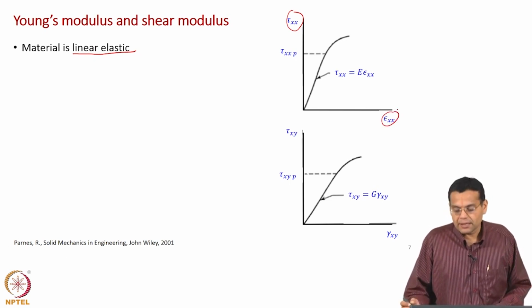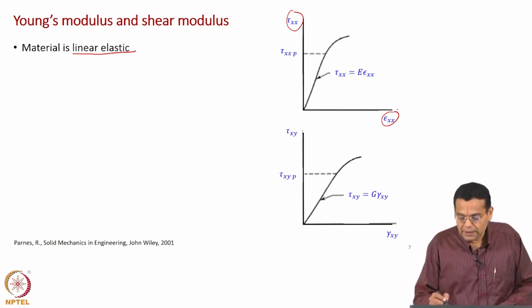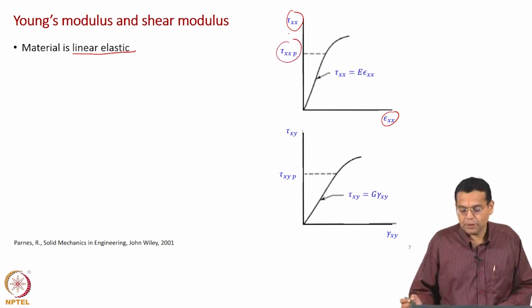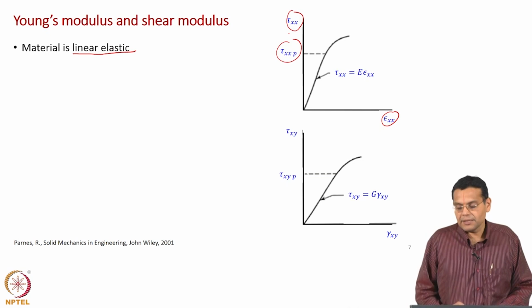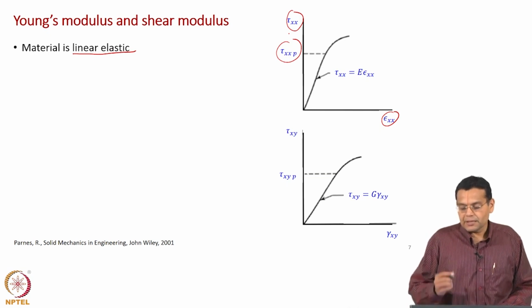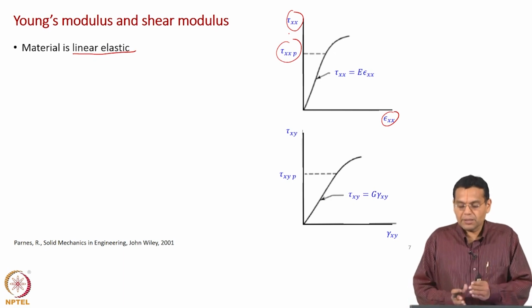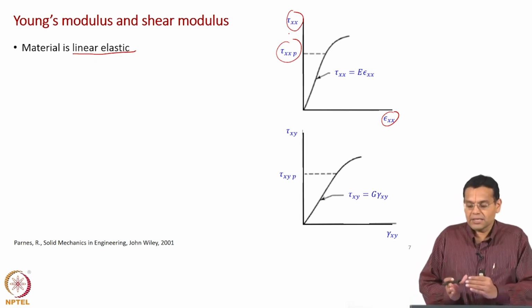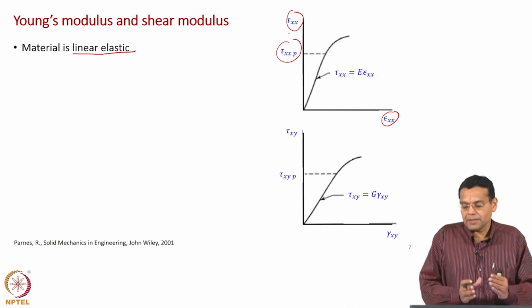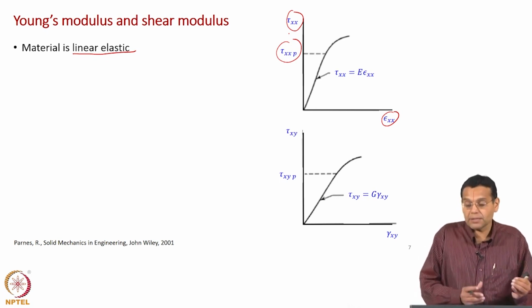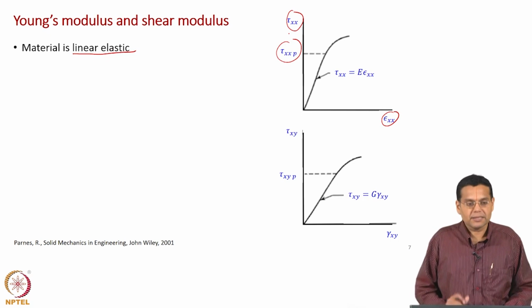A general relationship is shown here as a curve, but the relationship is linear up to a point tau xx p, that is a limit within which tau xx, the normal stress, is linearly related to the normal strain. Beyond that it becomes non-linear. So our limit of applicability of Hooke's law is within that region where the normal stress normal strain relationship is linear.